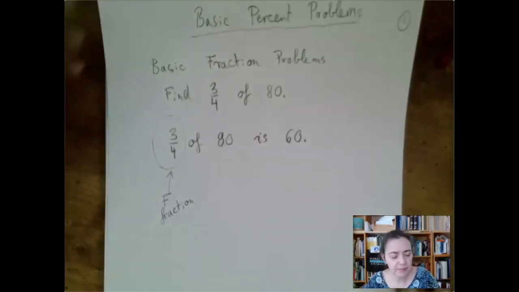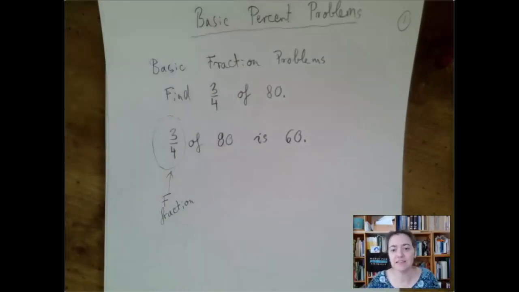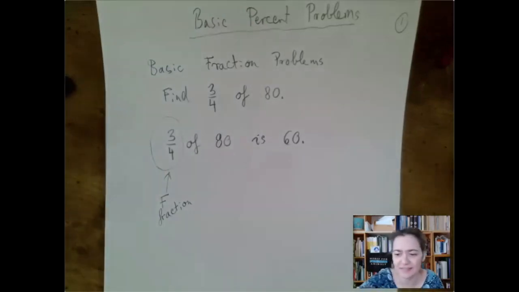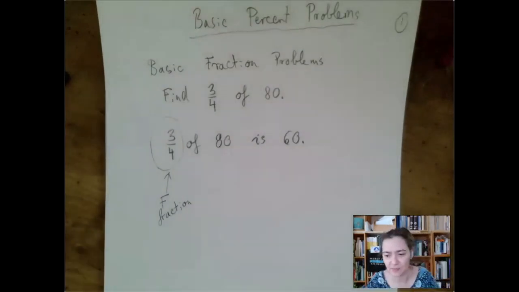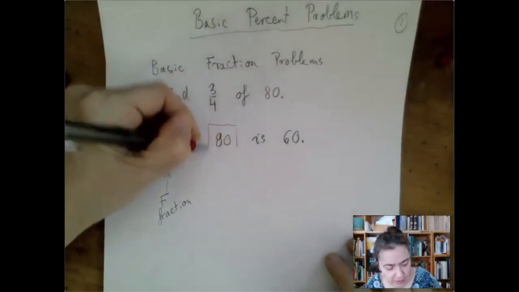Now, many people call this number the base. It's the thing of which we're taking a portion, the "of" thing. We're gonna call it the of number. I know it's terrible, but I saw it in a math textbook, in a good one actually. So this is gonna be the of number.